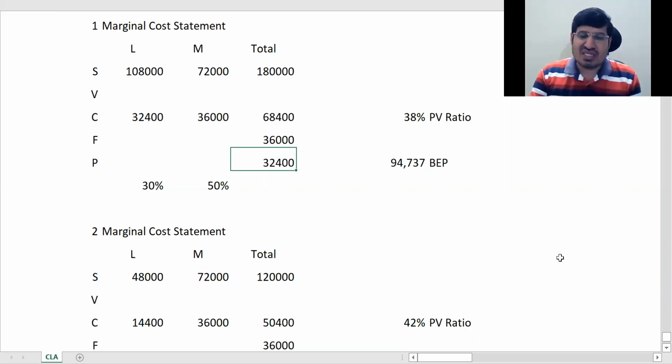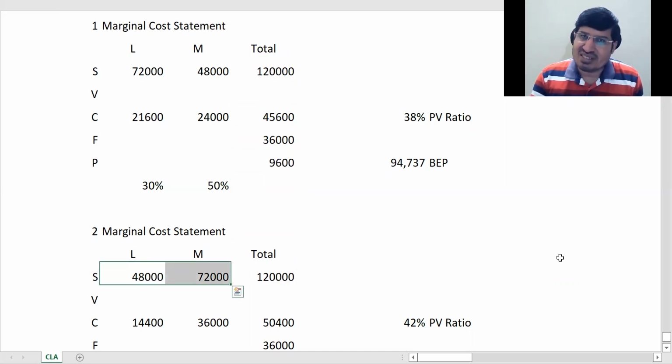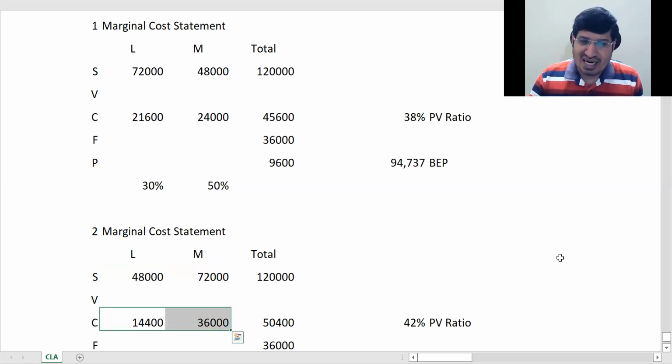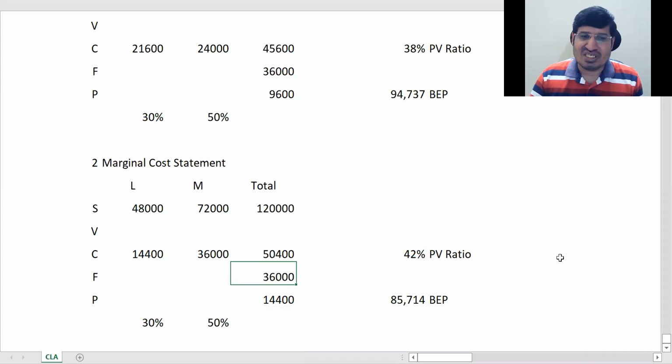For the second part, what he has asked is, just put in here, it is 1,20,000, right? Just replace the sales by 1,80,000 in both cases. The sales mix will be 60 and 40%. Similarly, your contribution will also change accordingly, and fixed cost will not change anyway.